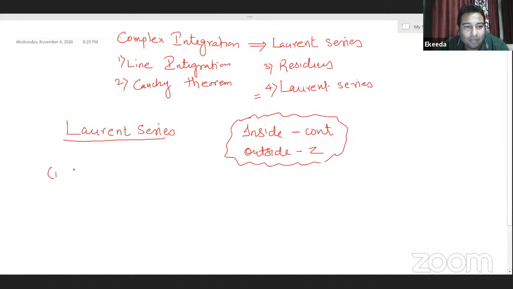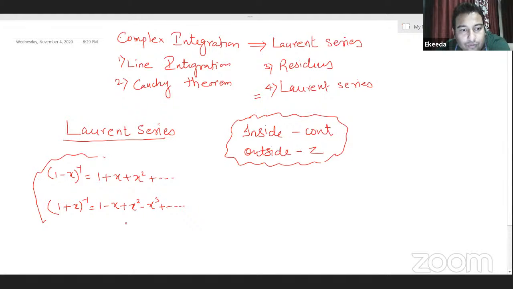And there are a few basic formulas. 1 minus x inverse will be 1 plus x plus x square plus dot dot dot, and 1 plus x inverse will be alternate plus minus. So these are the two basic series formulas that you need to remember. These are the basic formulas that we have already learned in previous academics.